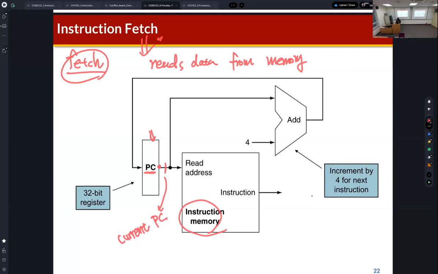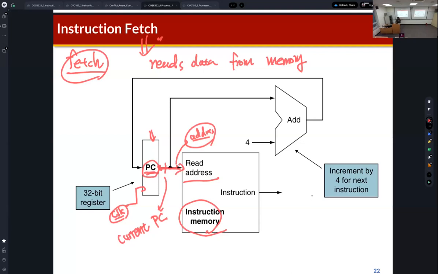And the clock is connected to this PC. So if the current PC is read from the program counter, as you can see, this PC is delivered to the read address port of instruction memory. Okay, the address is given, and if an address is given to a memory, then we can get the corresponding data indexed by its address.